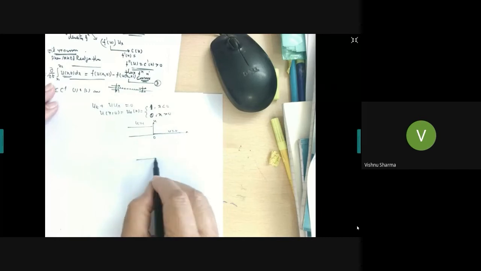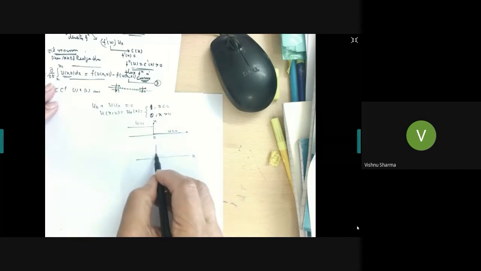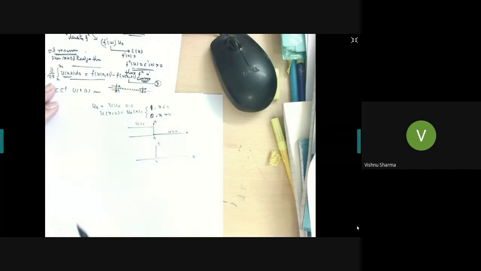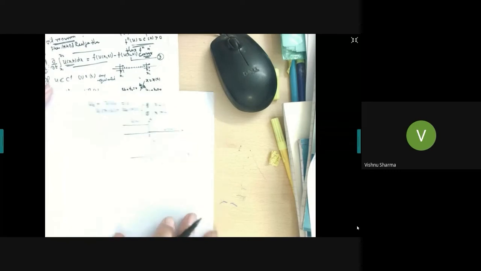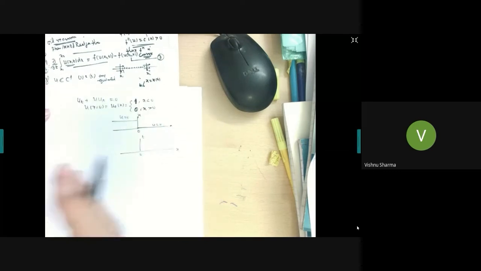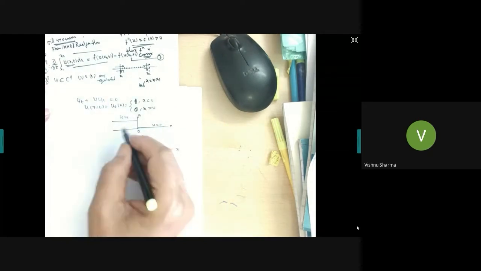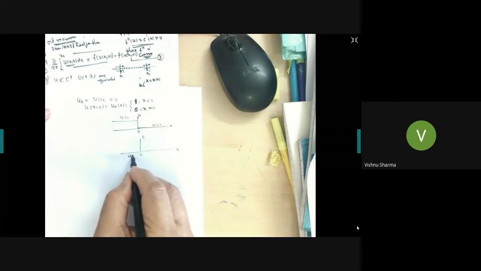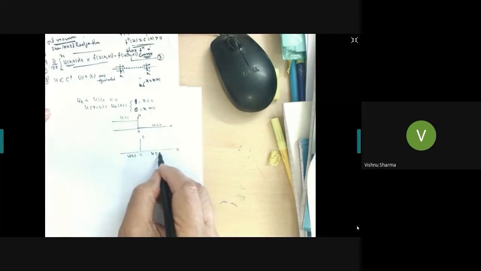Let us see what goes on in the xt plane, because we have to look at the characteristics. These characteristics span the solution surface, so we have to focus only on the characteristic curves, right? So here, on the left u is equal to 1, on the right u equal to 0.